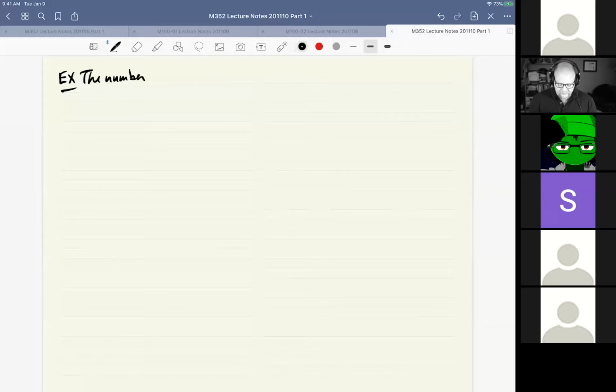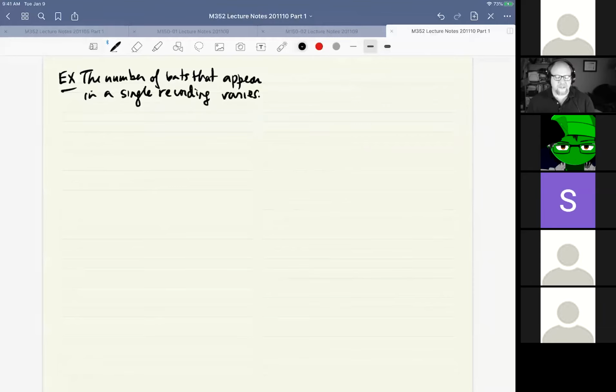The number of bats that appear in a single recording varies. Imagine I've made thousands and thousands of recordings, and that I've kept a tally of how many bats have appeared in each recording.